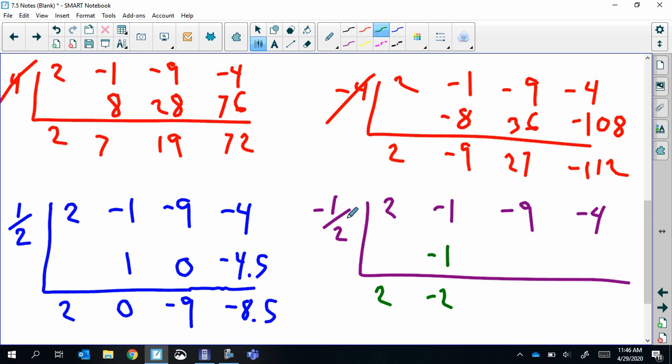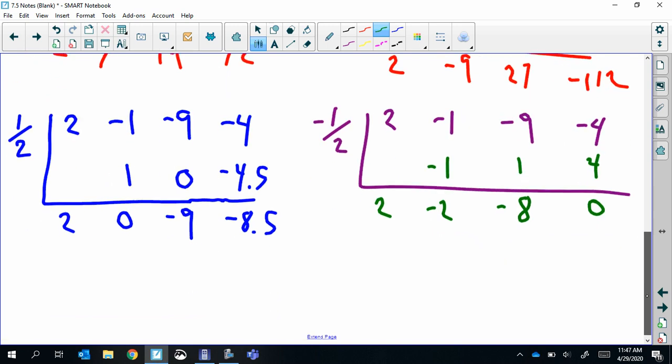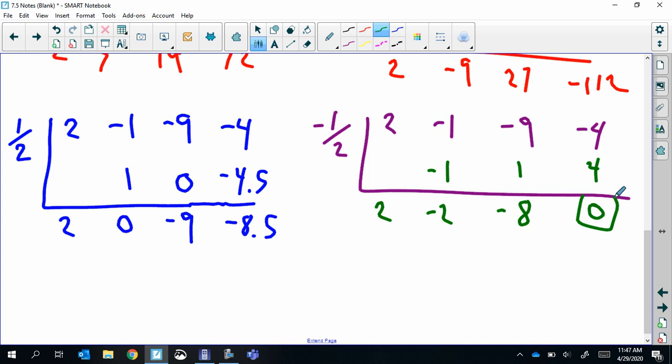So that's negative 2 times negative 1/2 is positive 1. That's negative 8 times negative, it's going to be positive 8 times 1/2 is 4. We got it, finally. So that one worked out. We got a 0, so negative 1/2 does work.